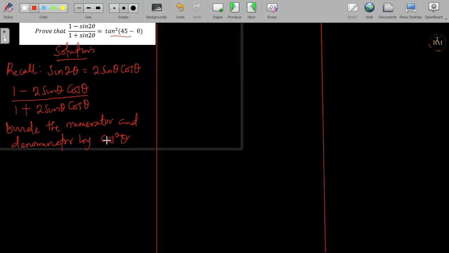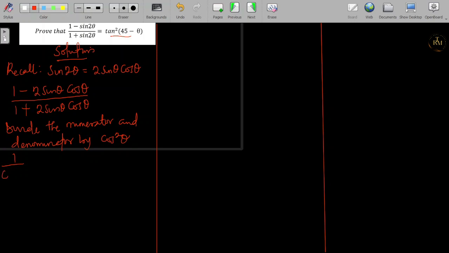The reason we're doing this is just to further simplify what we have here. So the top will be divided by cos squared theta, and the bottom also will be divided by cos squared theta.